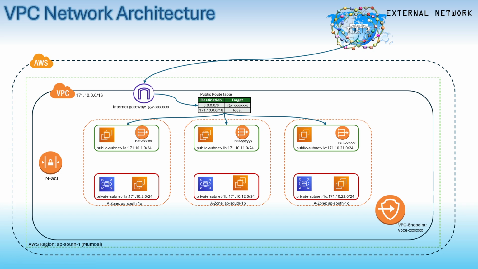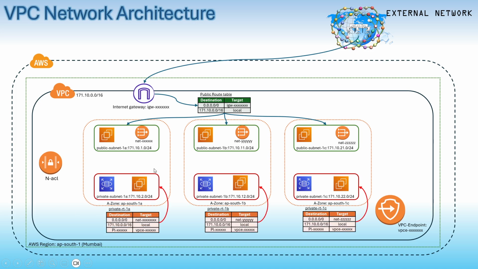A NAT gateway allows one-way traffic only. We can access from inside the subnet to the outside world, but no one can access from the outside world to inside the private subnet. Means using a NAT gateway from the private subnet, we have outbound enabled only.